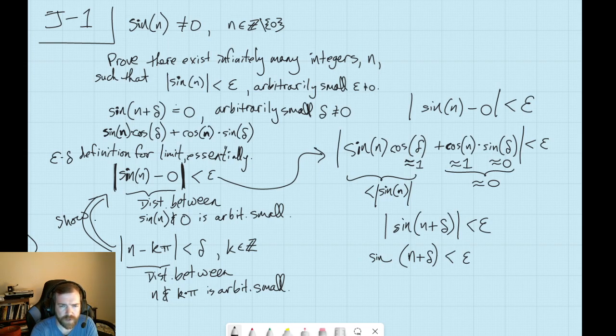So the sine function being an odd function should mean that we can, in fact, use the absolute value on the inside instead of on the outside.